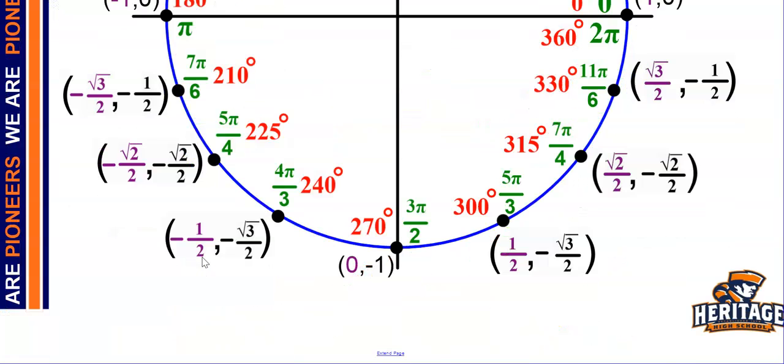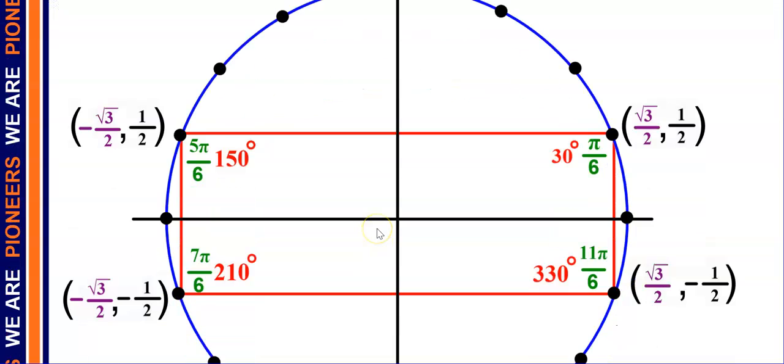Another way to recognize it is associating each specific degree that share the same reference angle. So 30 degrees, 150 degrees, 210, 330 all share a 30 degree reference angle, which means that all the x values would have square root of 3 over 2, and then the y value, sine theta, would be 1/2.